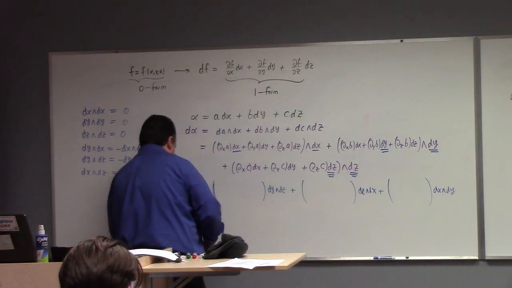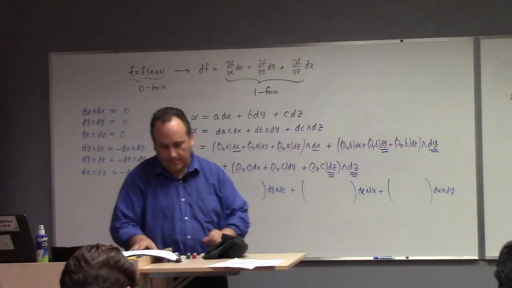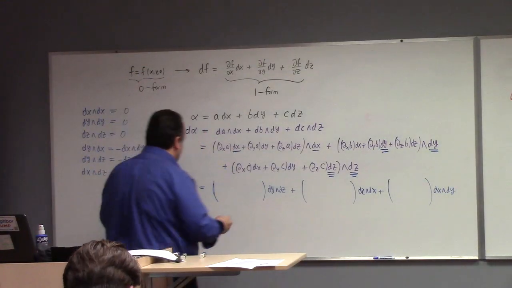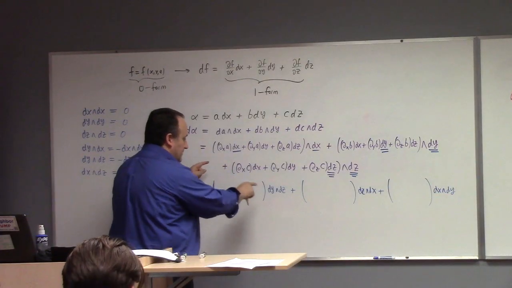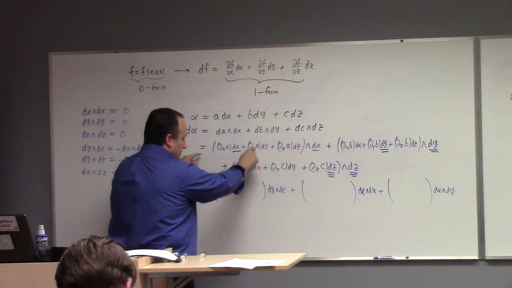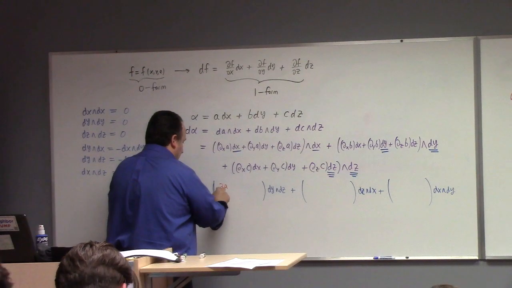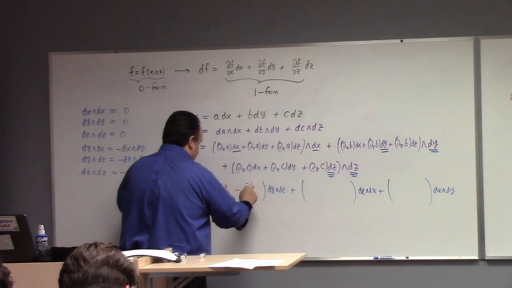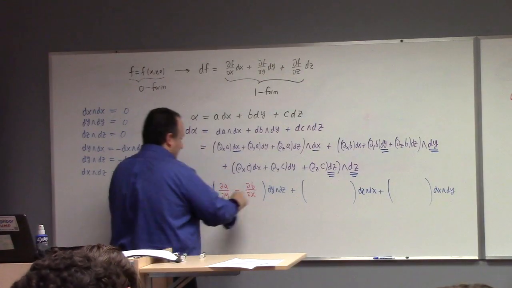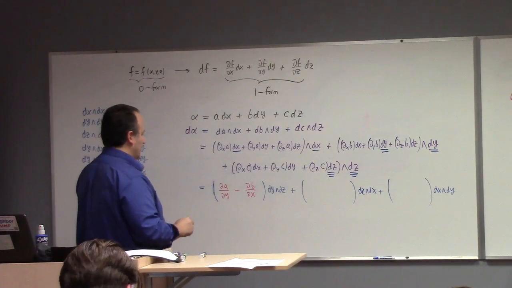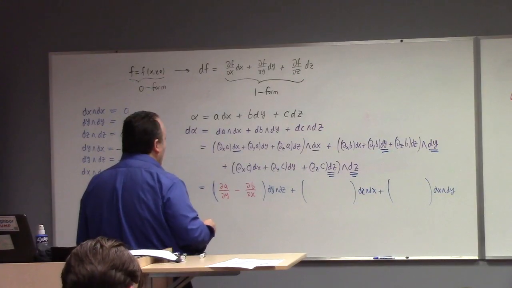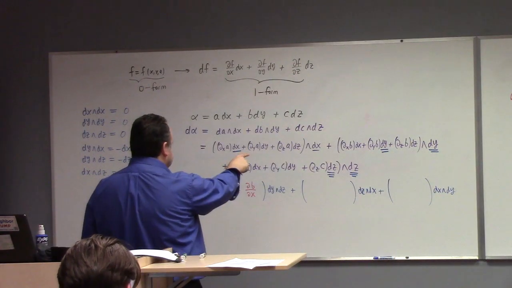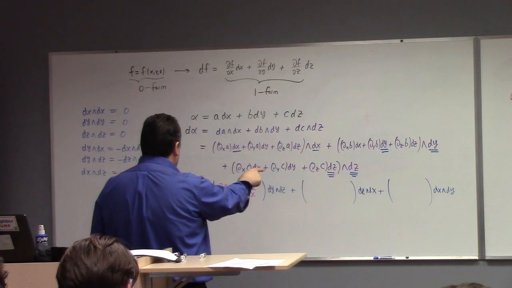And so what you're looking at, all right, so where's my dy wedge dz? I've got partial a partial y minus partial b partial x, I think. Wait, no. Hold on a second.